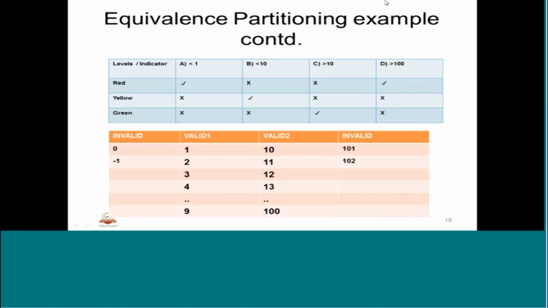It is called the truth table. Why? Because it identifies all the combinations of inputs, which is good enough to identify and differentiate between invalid and valid classes.